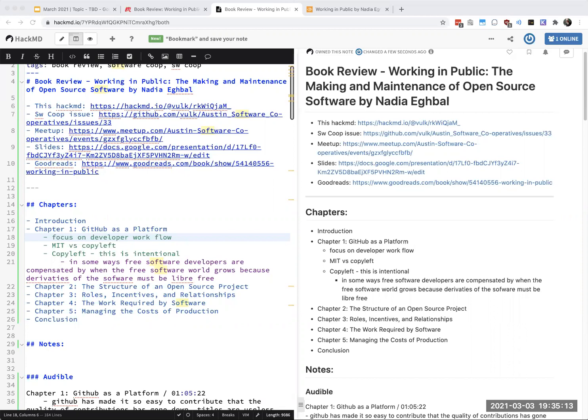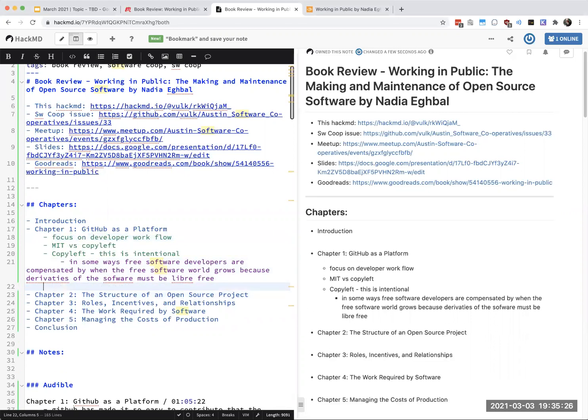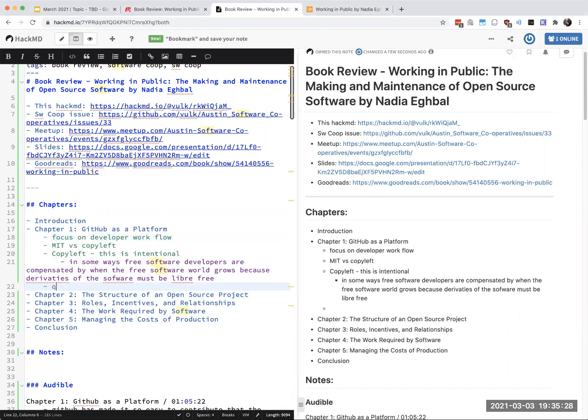I actually put quite a few comments on this, but I could talk to it, so I'm not going to add the highlights right now. Oh, here's one that I found interesting. So, quality of contributions.